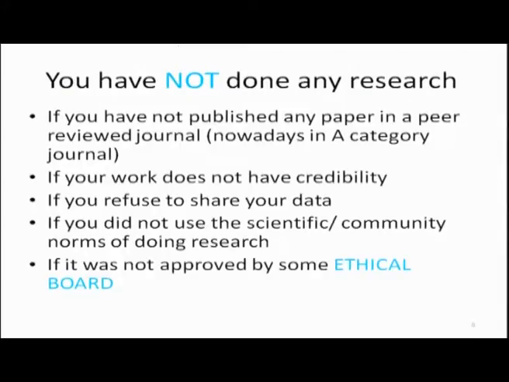Nowadays we say in A category journal. When we recruit faculty candidates, we ask how many papers you have published in A plus or A category journals, at least B category journal. Without publishing papers in A plus, A or B category journals, you are not considered to be a good researcher. So, I would say that publication is also a part of your research.